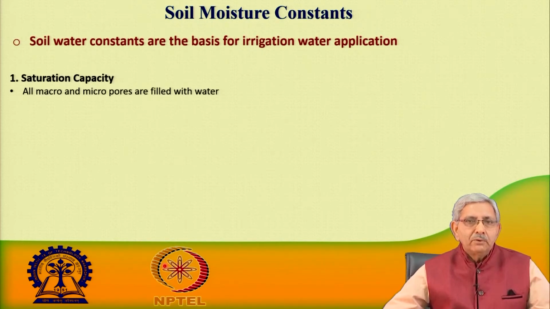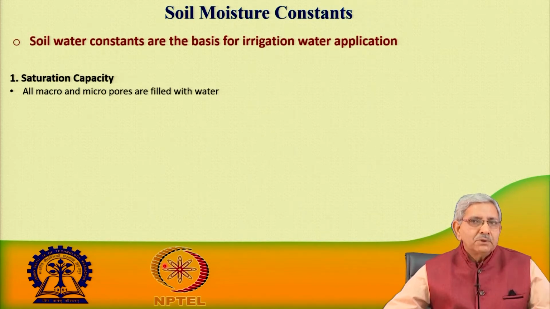So, there are different terminologies referred to in soil water constants. One is saturation capacity. Saturation capacity means all the macro and micro pores are filled with water. The soil consists of pores, and these pores may have water, may have only air, or may be partly filled with air.